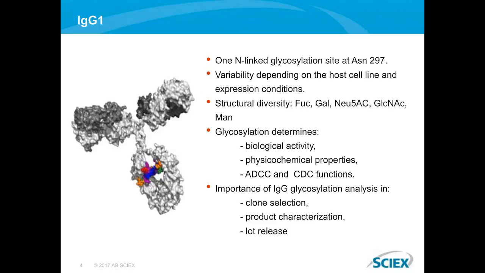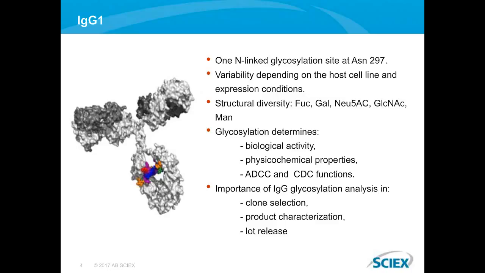So this glycosylation itself at that conserved site determines the biological activity of the compound, the physical-chemical properties, and some very important functions, like ADCC or CDC functions, which are the antibody-dependent cellular cytotoxicity and the complement-dependent cytotoxicity functions.